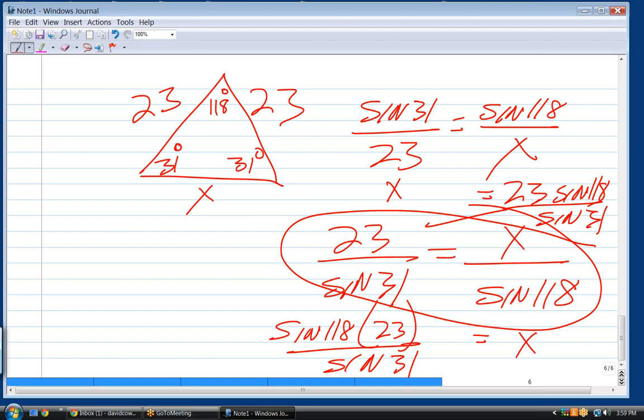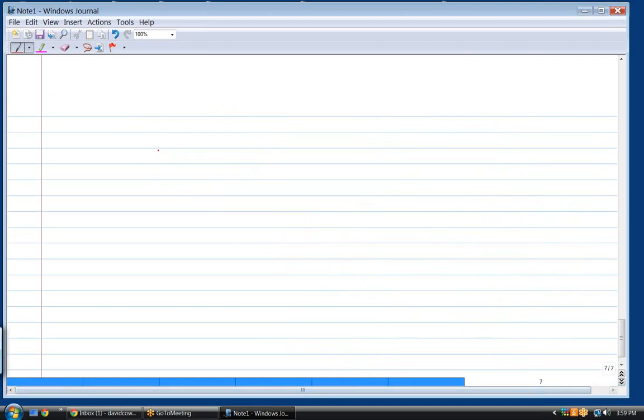Okay. You can see that most triangles you're going to solve by using the law of sines, not the law of cosines. The law of cosines is very specifically used only when you have side, angle, side.